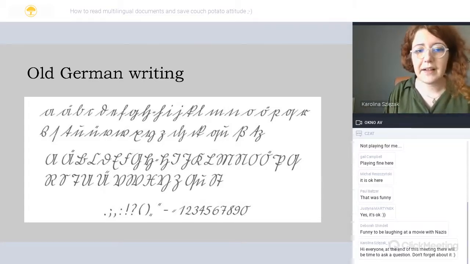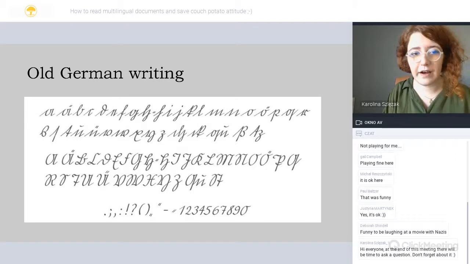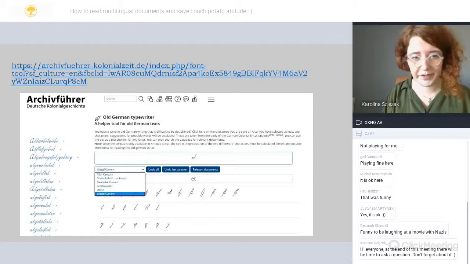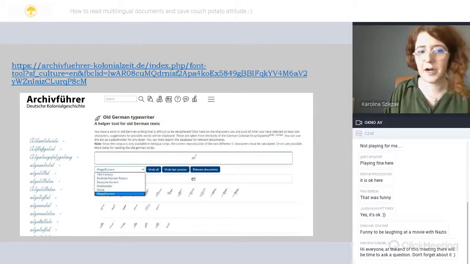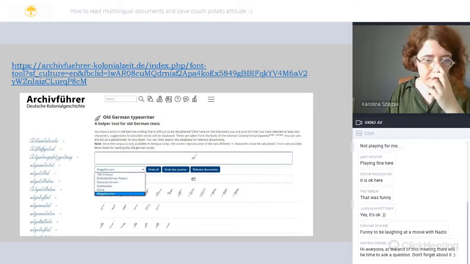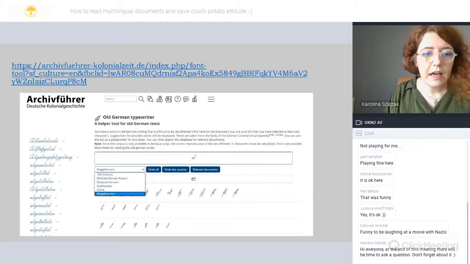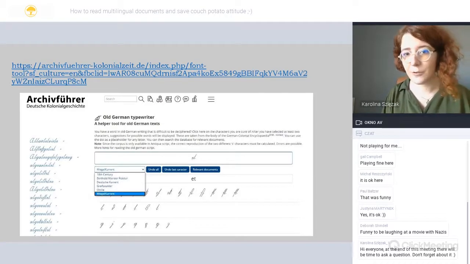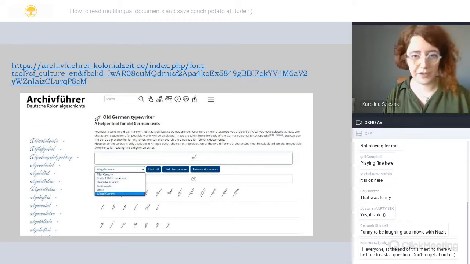So here we can use a very nice tool created by German scholars from Archivführer, the so-called Kurrentschreibmaschine in German. So this is a typewriter for old German.